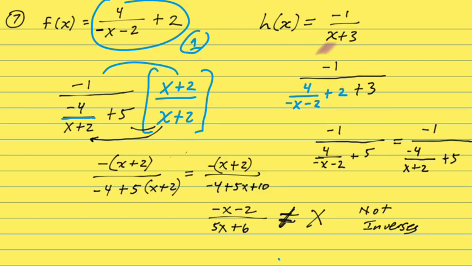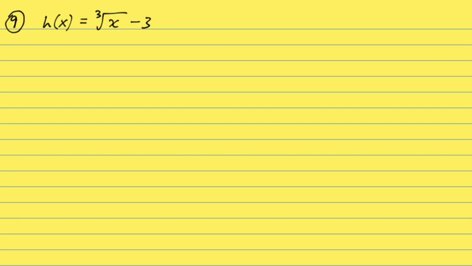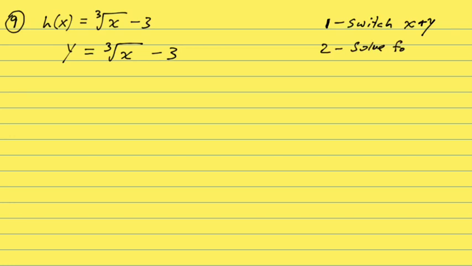The next group of problems ask you to actually find the inverse. Would you agree that h of x means y? To find an inverse, you're going to do 2 steps. You're going to switch x and y, and then you're going to solve for y.